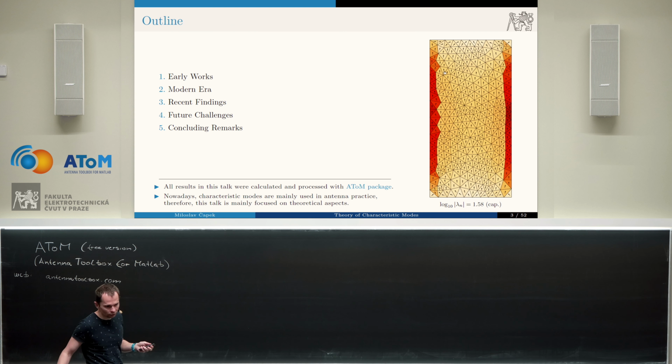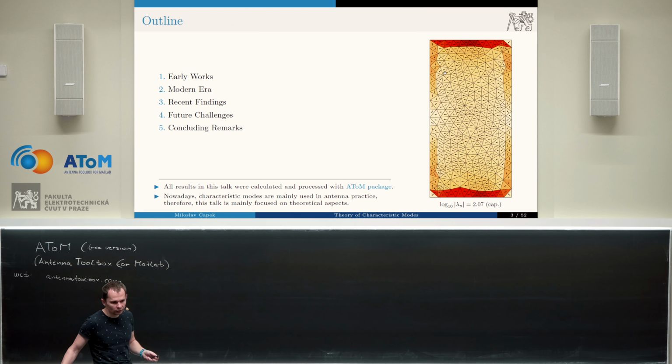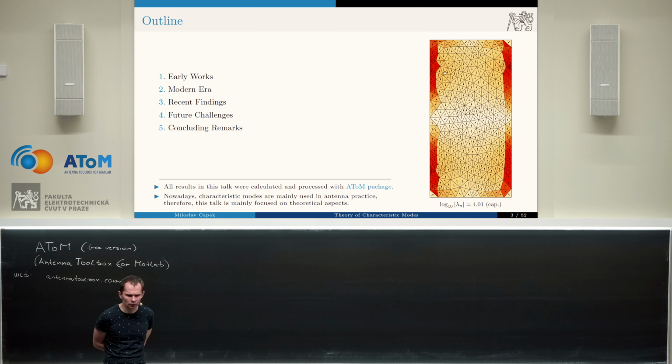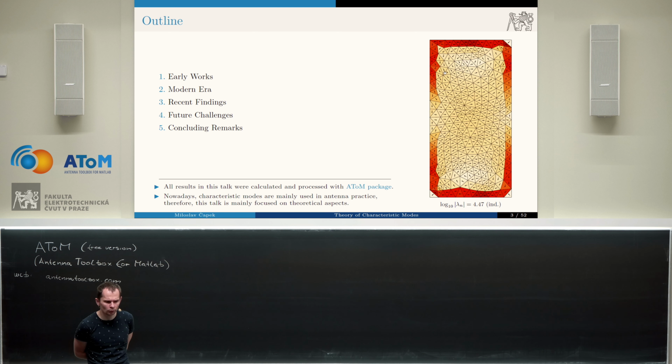As for the outline, I have decided to closely follow the chronological order. I will start with early works to recapitulate what the proposals were, how to decompose characteristic modes, and how to get them for different operators.